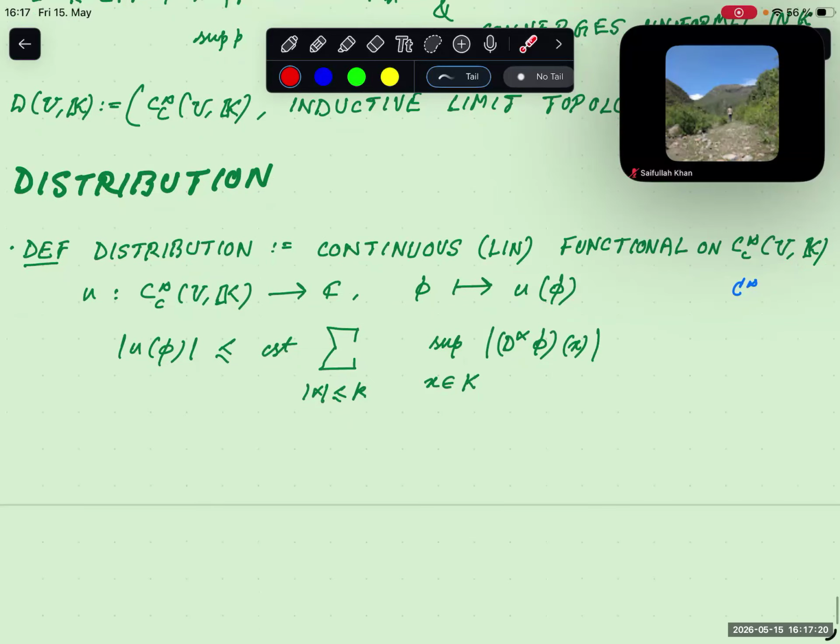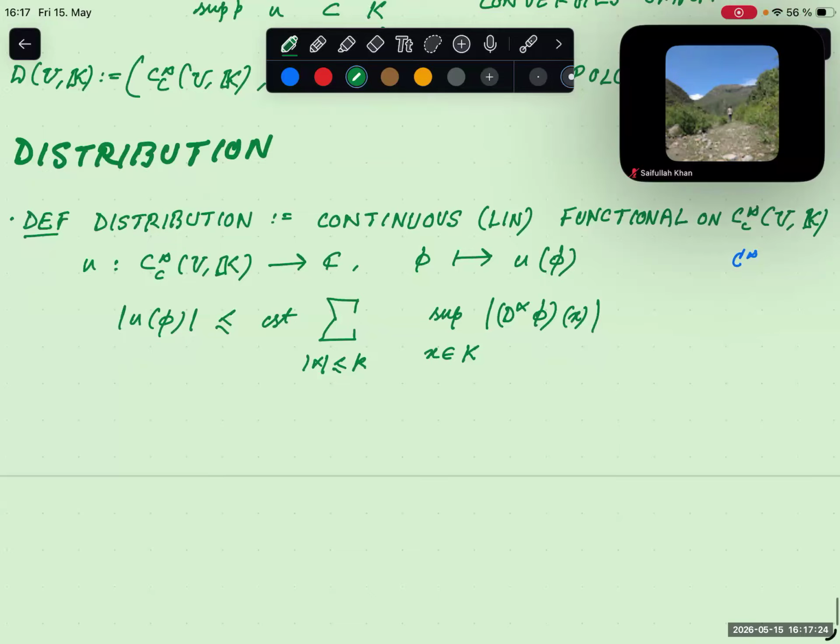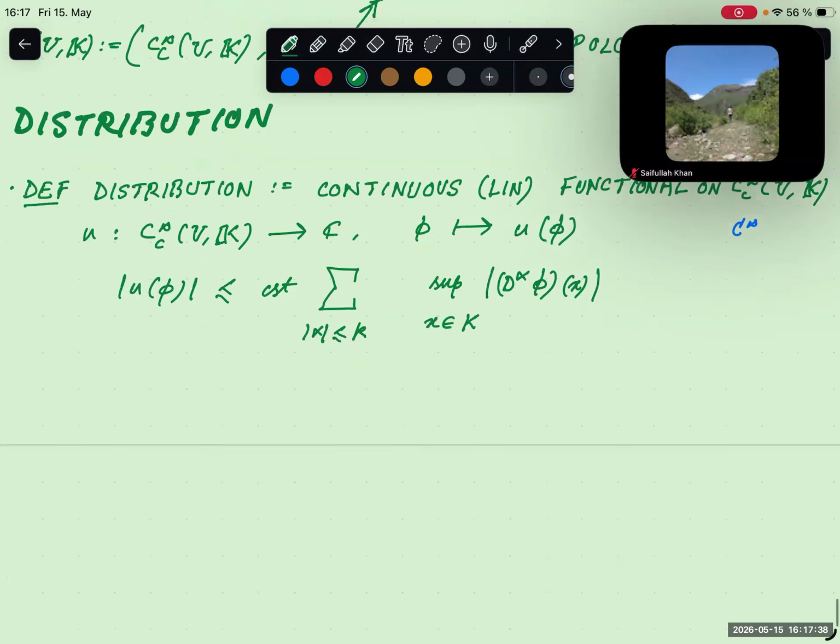And when you have both, then you have a distribution, and this is called the topological dual. Why topological? Because there is something called the algebraic dual that we will discuss maybe a bit later in this course. But right now, by dual we mean topological dual.